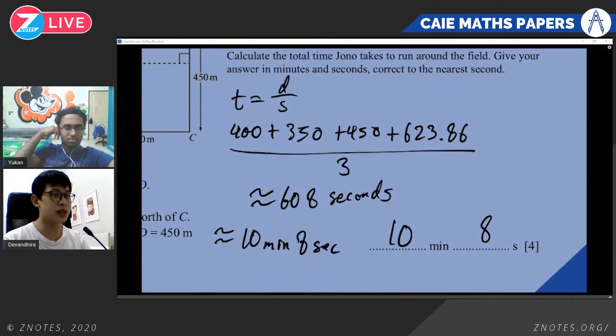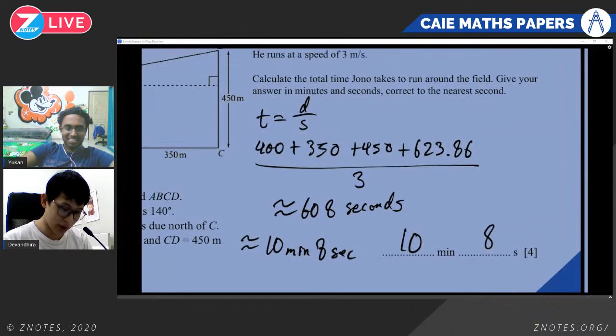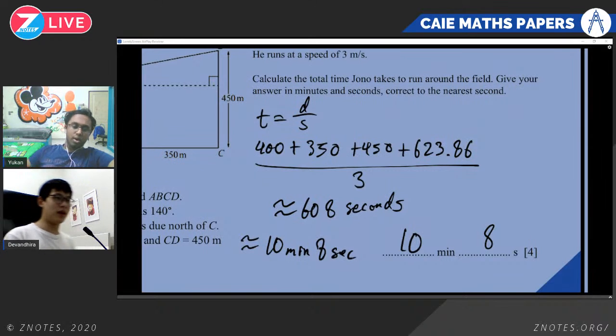But remember, this is in seconds, so don't forget to write the seconds here, just to remind yourself that this is not in minutes or hours, so you don't make mistakes. The question asks us to give our answer in minutes and seconds. So how many minutes is 608? How do we calculate that, Yugen? Well, you know that in a minute you have 60 seconds.